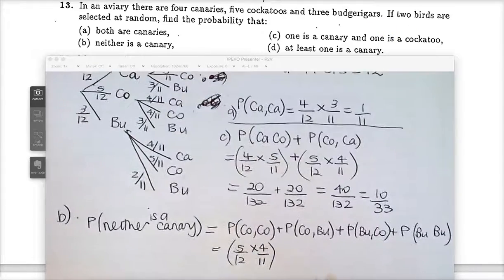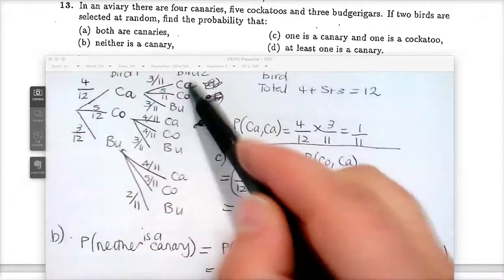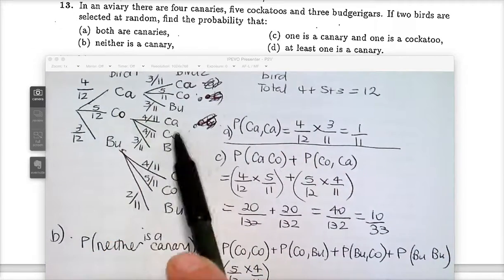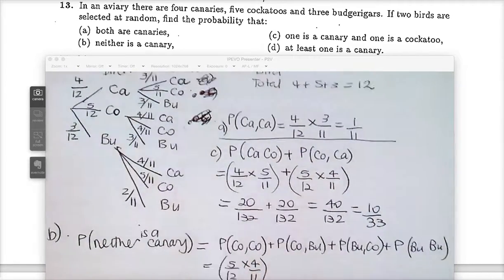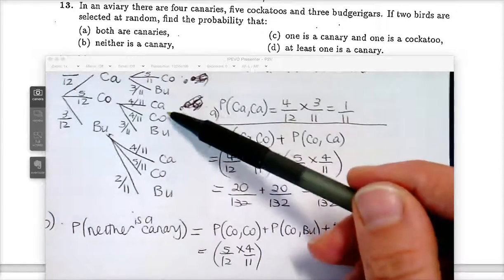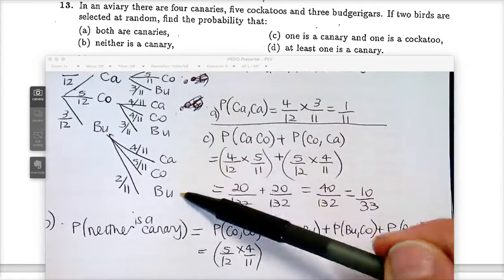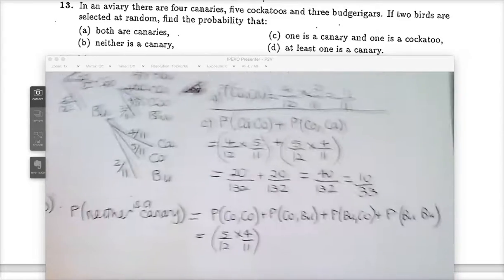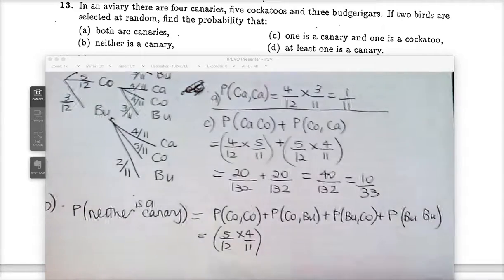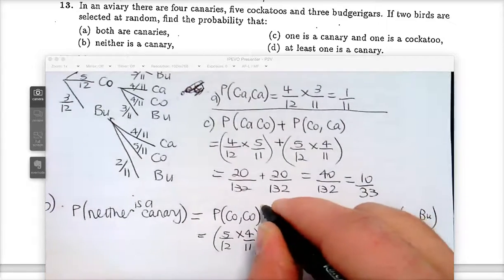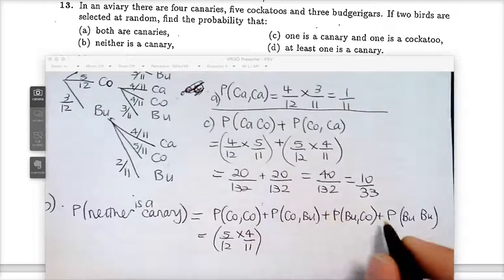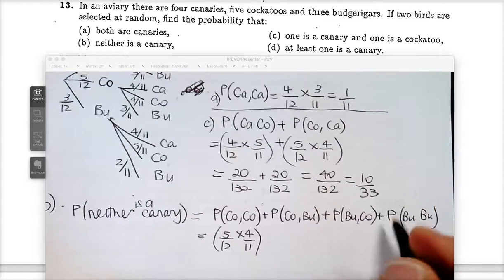There's a canary. The first branch, just ignore it. That won't be any of those. You've got CO, CO, CO, BU, BU, CO, BU, BU. So because it's that or that or that or that, remember multiplying along the branches, adding between the branches. So it's that. If you want, I'll write or. Do you want me to write or not?